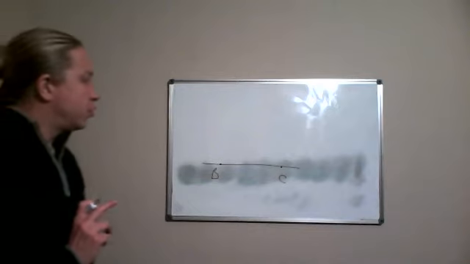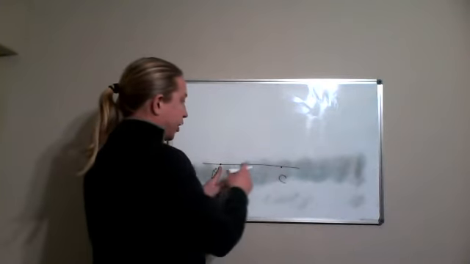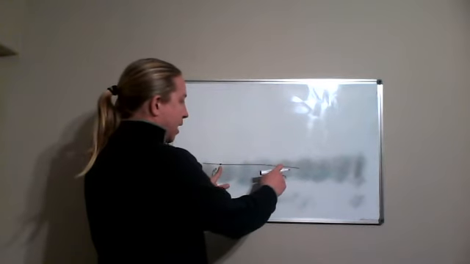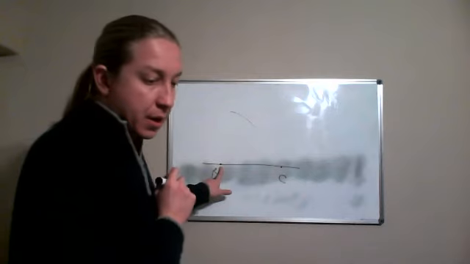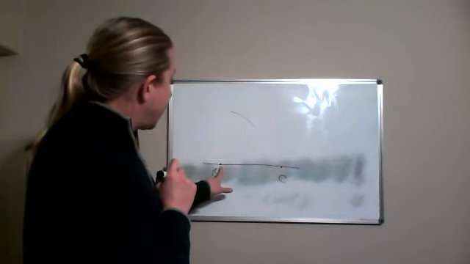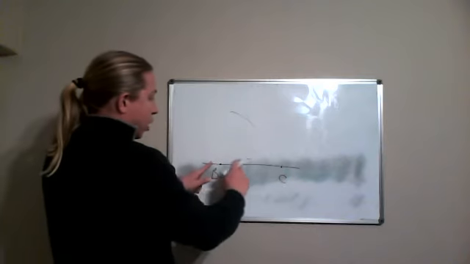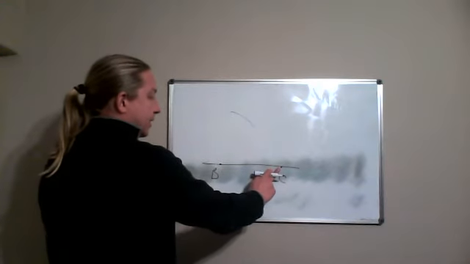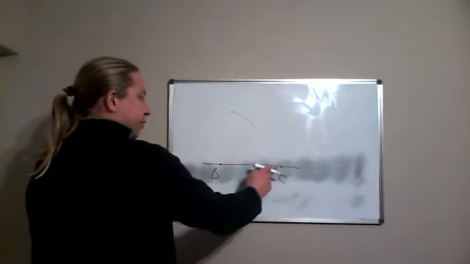Now what you're going to do is put your compass point at B, stretch it out to C, and make an arc like that. Okay. Right. Now you're going to swap and put your point at C, open it up to B, so keep it at the same distance BC.